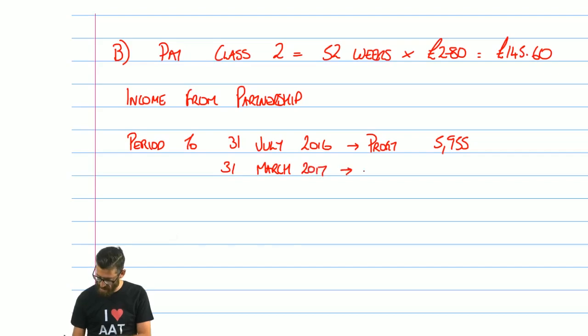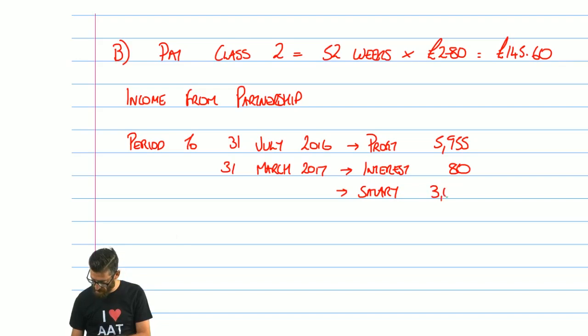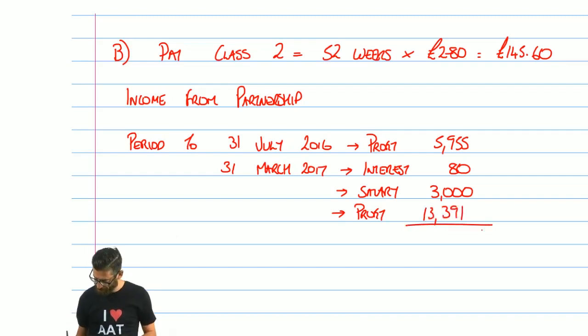For the period to the 31st of March 2017, well, he earned interest, did he not, on his capital of 80. He had a salary of 3,000 and he had profit share of 13,391.